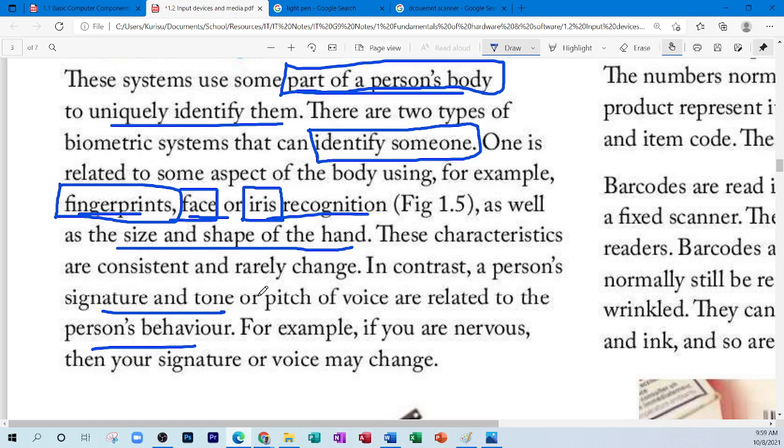Excuse me, sir. And also, if you're wearing a mask, or a sunglass or a hat, it wouldn't pick you up properly. Right, that's correct. All of these systems have their advantages, they have their disadvantages, they have ways that they will work, they have ways that they will not work.